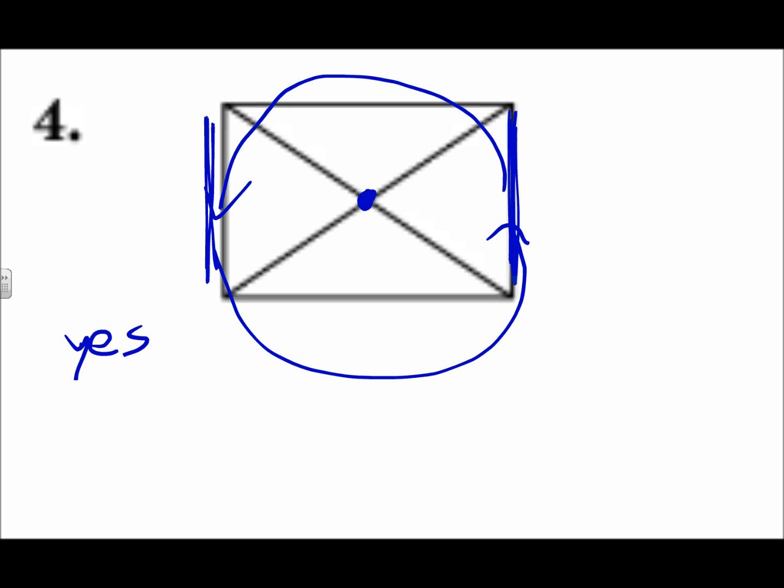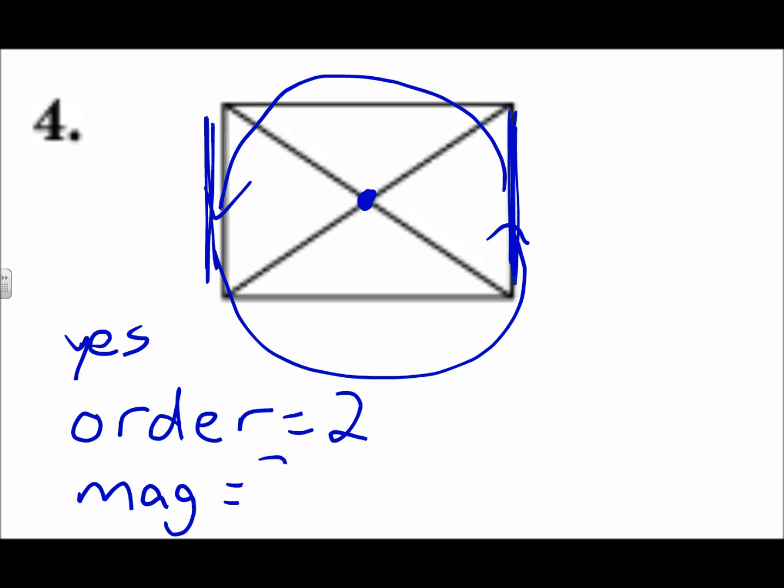So this maps onto itself 2 times in a full circle. So the order is 2. Magnitude is always 360 degrees divided by the order, because the magnitude is asking how many degrees the figure needs to turn before it maps over itself again. And for this, it's 180 degrees.